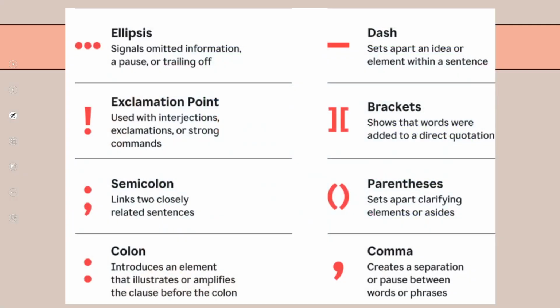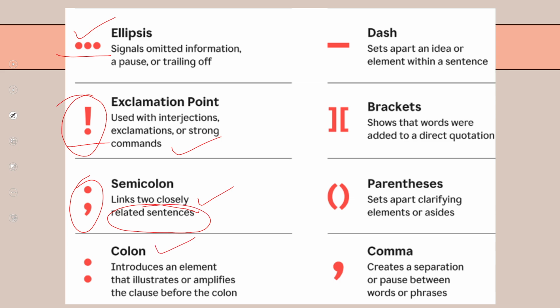We have ellipses, which you use to signal that some information is missing. Exclamation mark is used for showing your expressions and strong emotions. We have semicolons that join two different sentences.